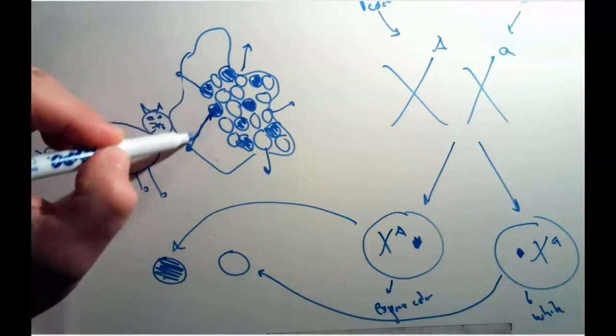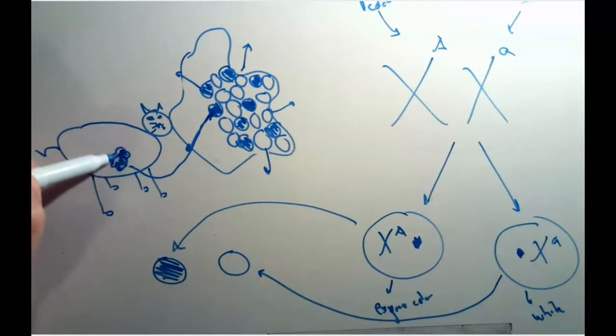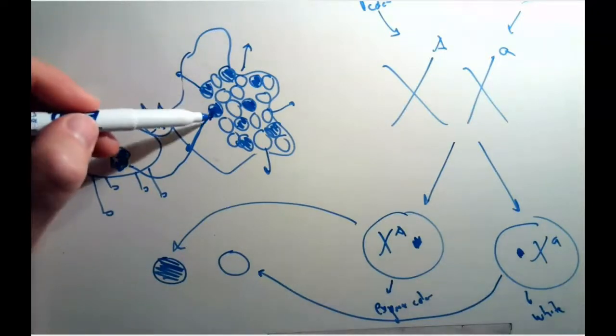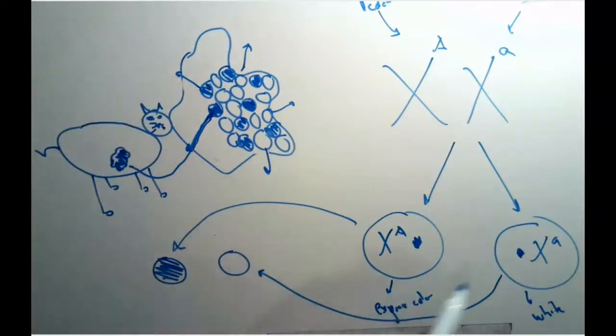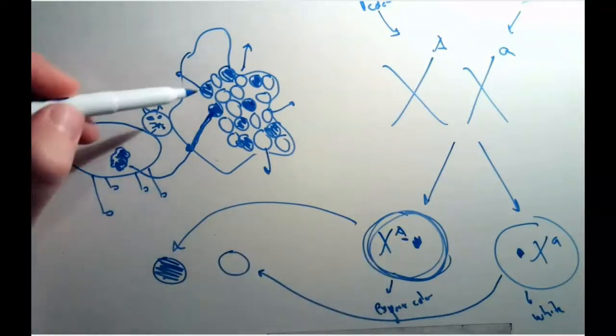This cell here gave rise to a patch of skin in the cat that expresses fur color. This one cell, as it continued to divide and divide, and all of the daughter cells from it had the recessive carrying X chromosome inactivated, all of those cells are expressing the dominant trait, which is color.